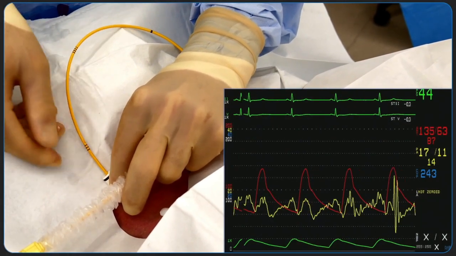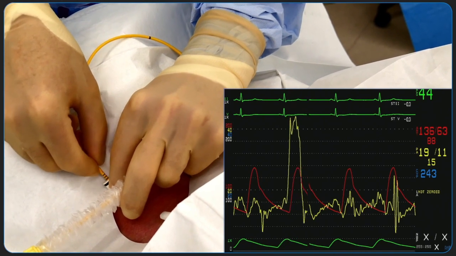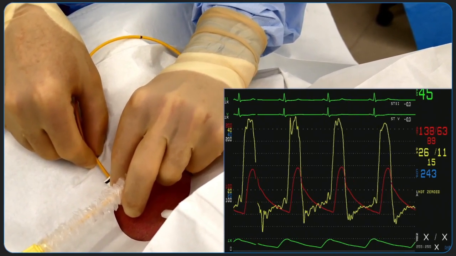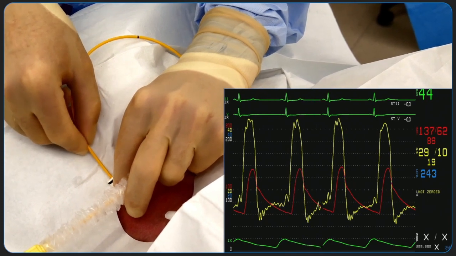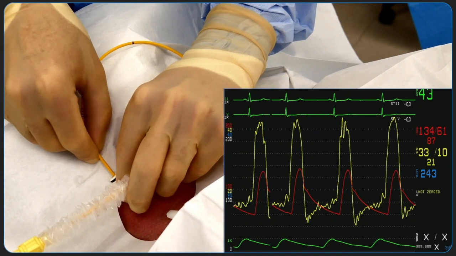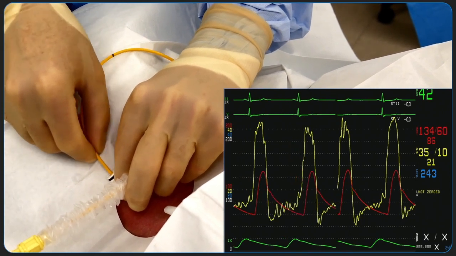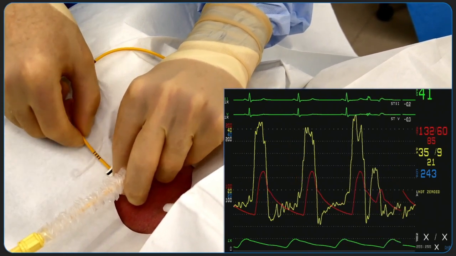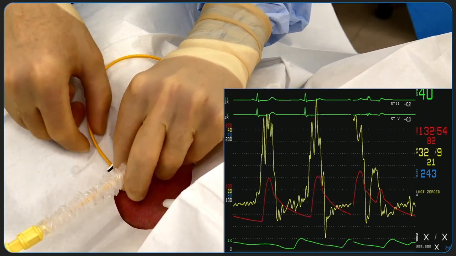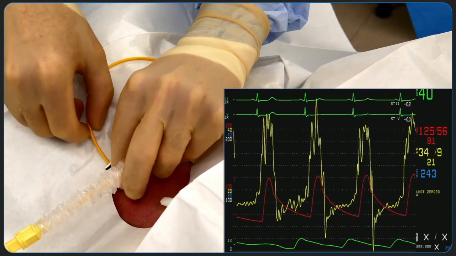You're in your right ventricle. The balloon is still inflated at this time. As you push, it gets carried through your pulmonary artery. Again, you're going to see a step up in your diastolic pressure. It's just a confirmation that you are in the pulmonary artery.